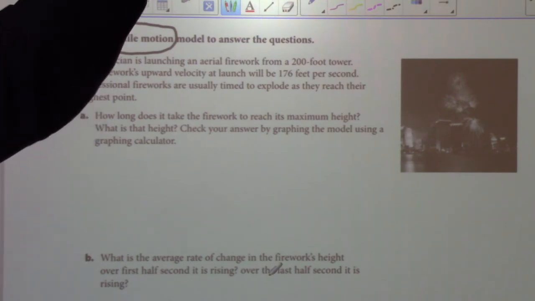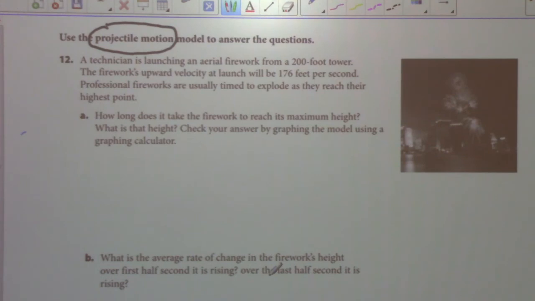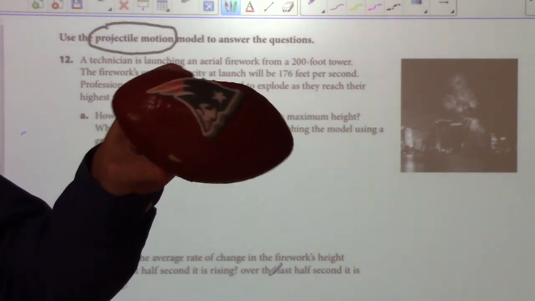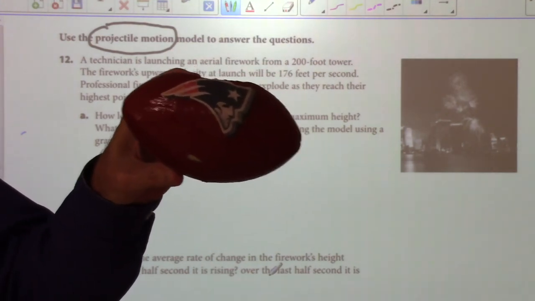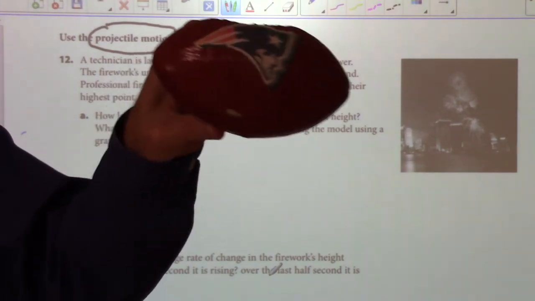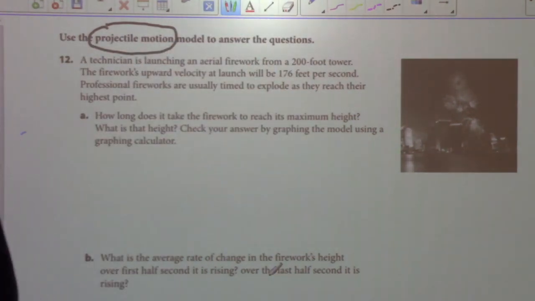Yes, my sister-in-law made this for a Super Bowl party years ago. It was back when there was a scandal with the New England Patriots. Deflating football. Deflating football, yeah. Tom Brady allegedly was deflating football to make it easier to throw or whatever.